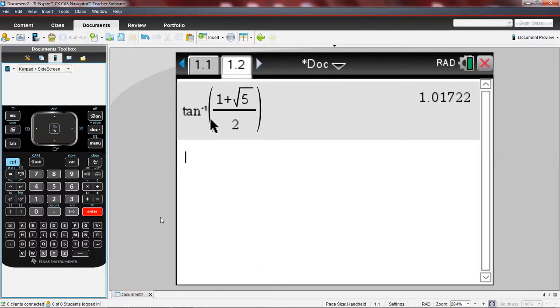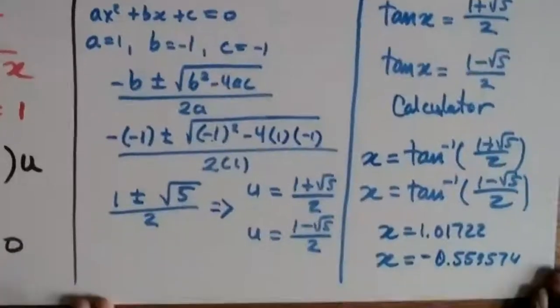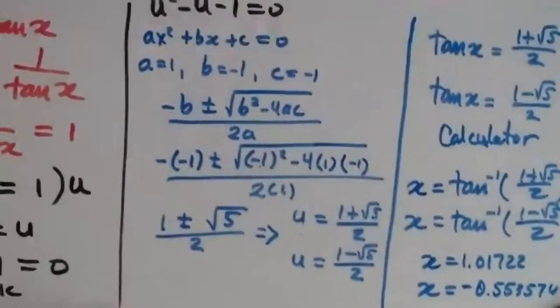The second value is the same, but with a negative here. So I'm just going to copy, press Enter, and change this to minus. I press Control Enter again, and I get negative 0.553574. Okay? So these are the answers.